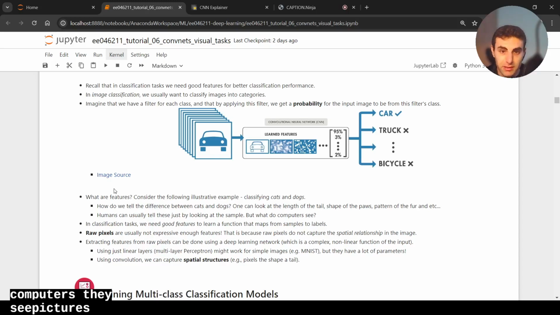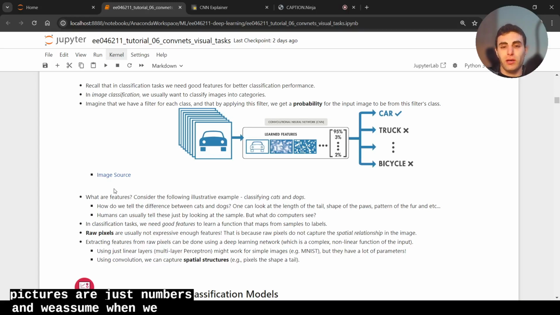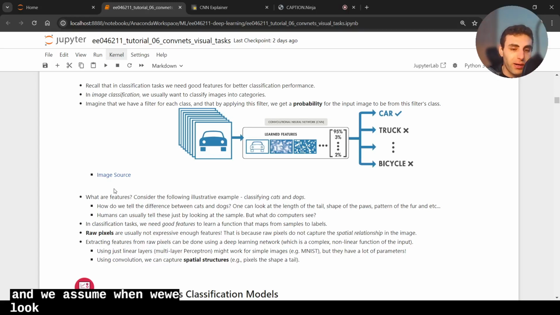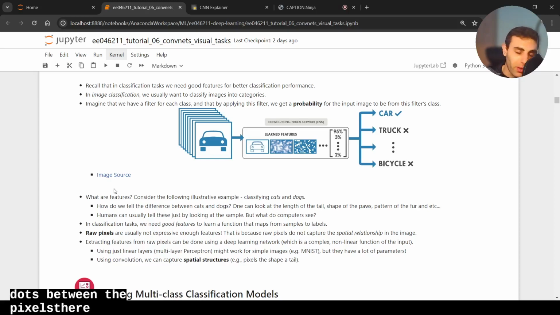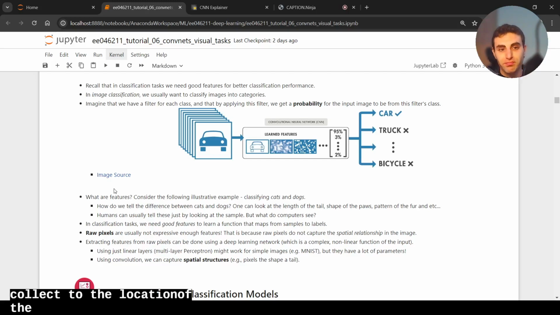Pixels are just numbers, and when we look at the world with our eyes, we know that there's some spatial relation between what we see and the object that's in front of us, right? Because we know how to connect the dots, the pixels, by where they are located. We know how to relate the color to the location of the pixel, right?